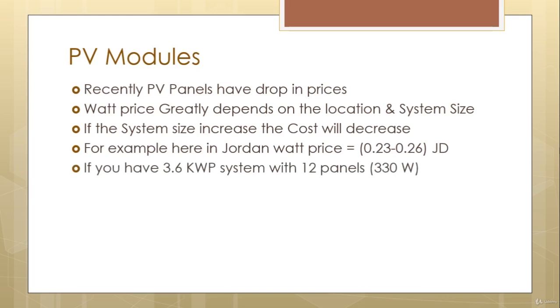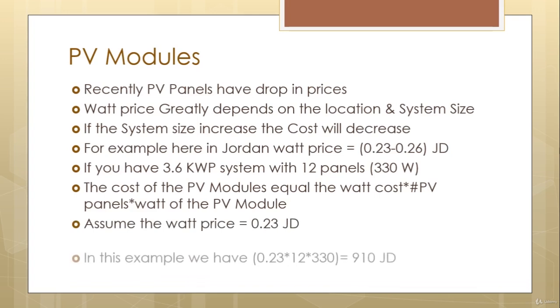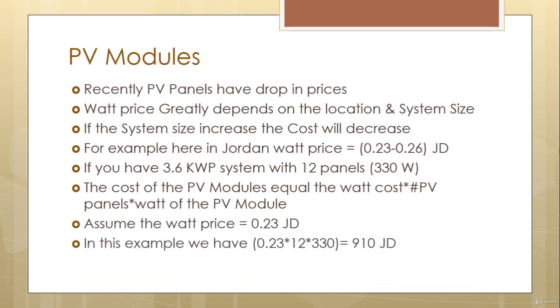If we have a 3.6 kilowatt peak system with 12 panels of, for example, 330 watts, the cost of the modules equals the watt cost multiplied by the number of PV modules multiplied by the watt of the PV modules. Assume the watt price in this example is 0.23, we will get 0.23 multiplied by 12 multiplied by the watt of the PV panel, which is 330, which equals 910.